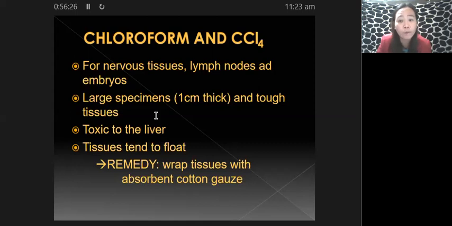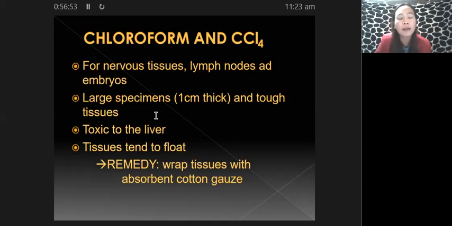Since they have to be detoxified there, the toxicities attributed to your chloroform and your carbon tetrachloride affect your liver, your hepatocytes, the most. So that's why they are toxic to your liver.